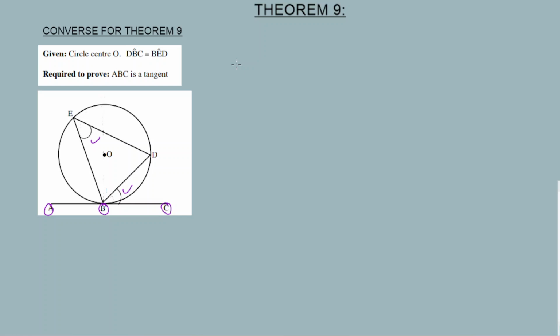We use the same construction we used for proving theorem 9. Even here, let's call this F. The converse theorems use the same construction. We need the bow tie.